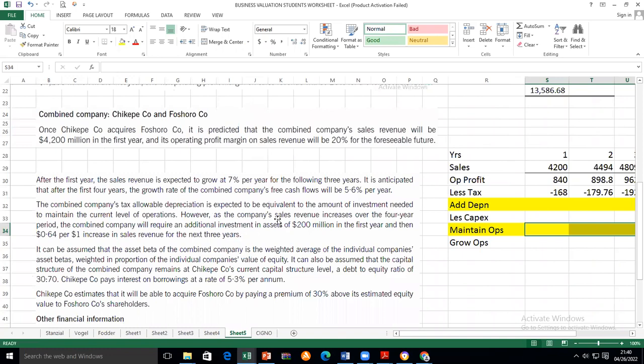However, as the company sales revenue increases over the 4-year period, the combined company requires an additional investment in assets of 200 in the first year, here now, to grow the company. You need 200. Okay, and what will happen in the subsequent years? And then increase by 0.6, and then 0.64, the $1 increase for the next 3 years.